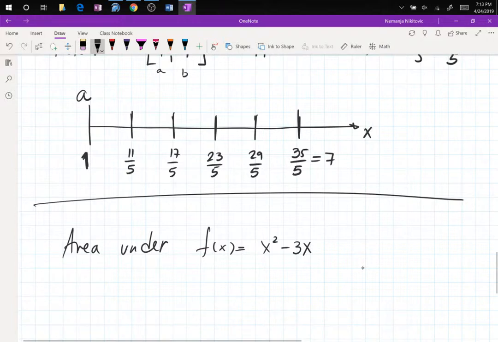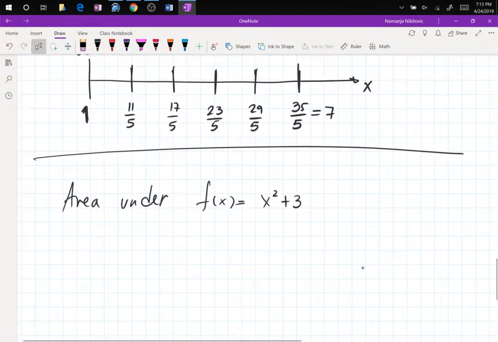I don't want to do that. x squared plus 3, that's good enough, with, let's say, 5 rectangles, so you're not sleeping here.